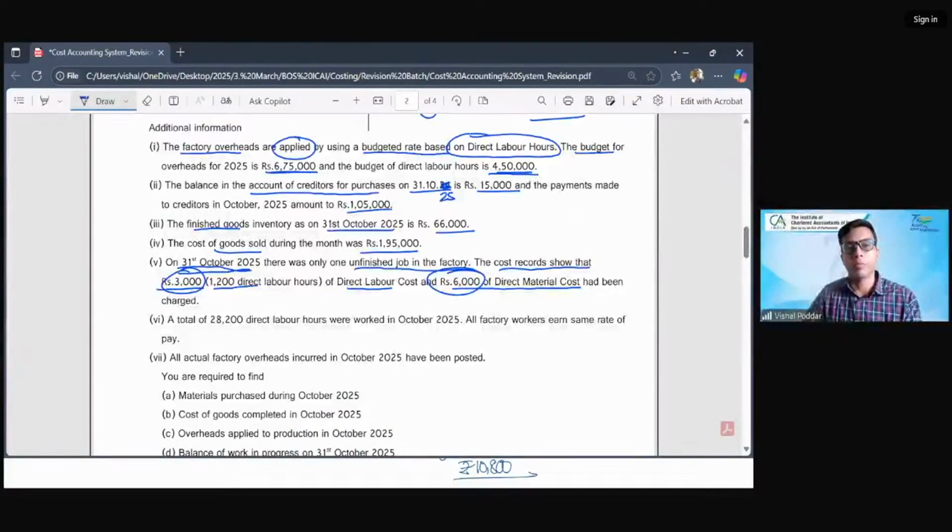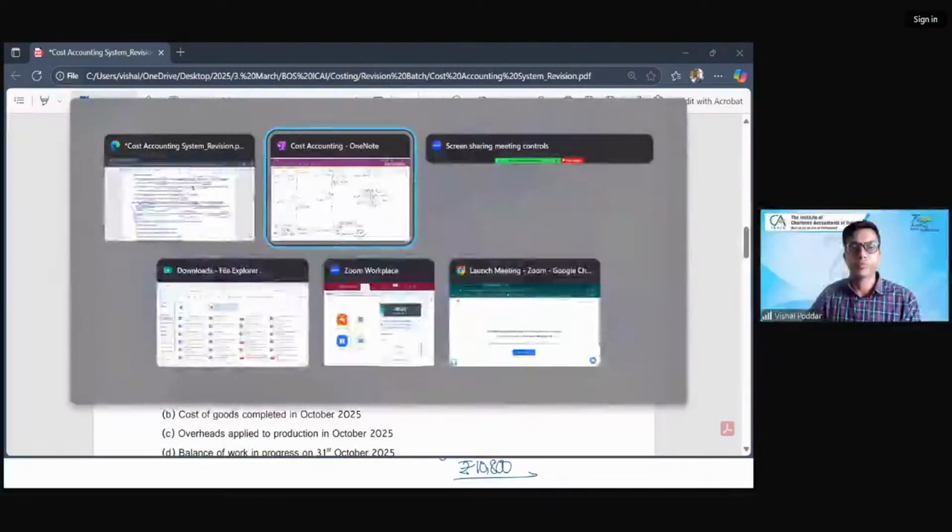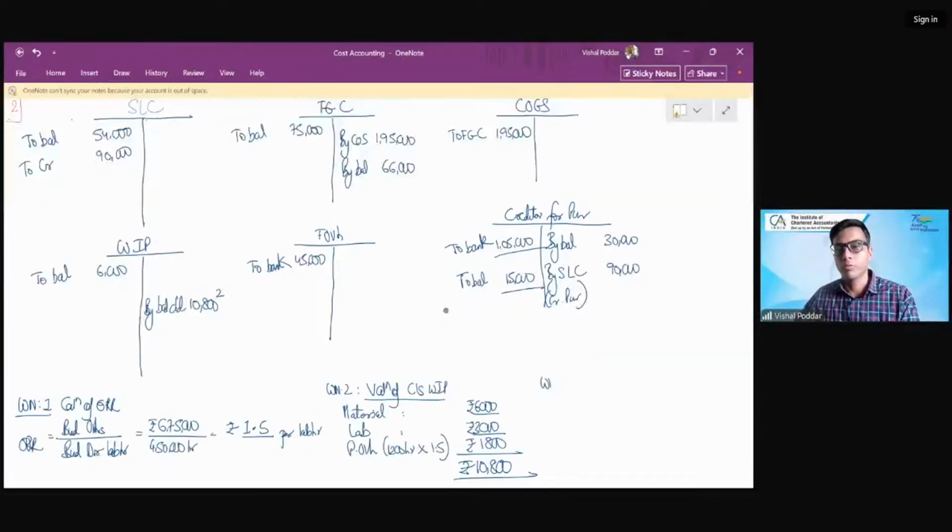Fine. Now, a total of 28,200 labor hours were worked in this. The factory workers were paid on the same rate of pay. Now, what is this same rate of pay that we can calculate from the details given in the previous adjustment? So working note 3, calculation of direct labor and factory overheads charged.